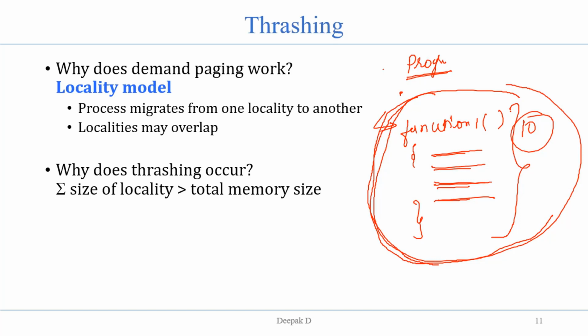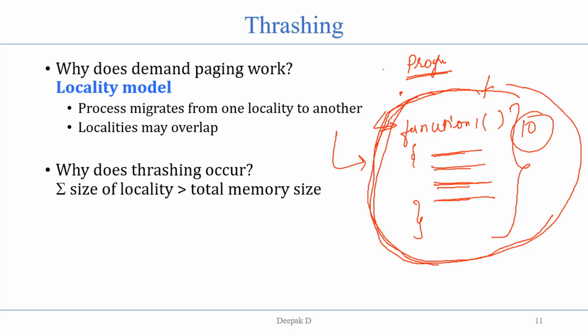Your program may contain multiple functions, or multiple localities. When this function completes its execution, your process may leave this locality and start executing in another locality, and the process may come back to this locality at a later stage, because those instructions are not needed right now.